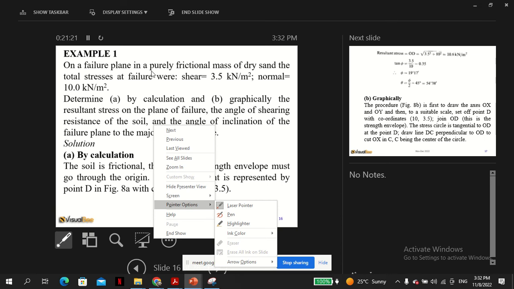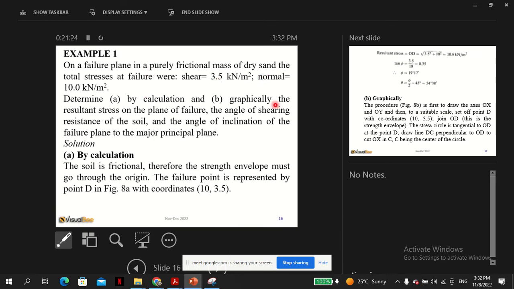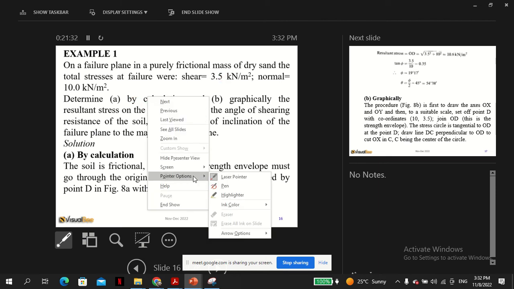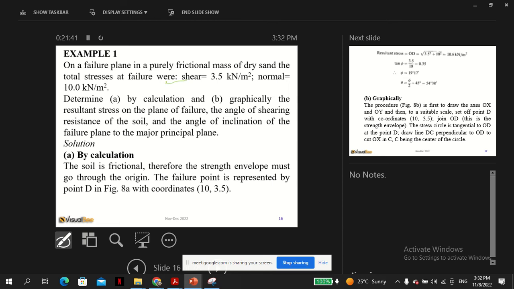On a failure plane, a pure frictional mass of dry sand, the total stress at failure: the normal stress here is 10 and the shear on the same surface is 3.5.